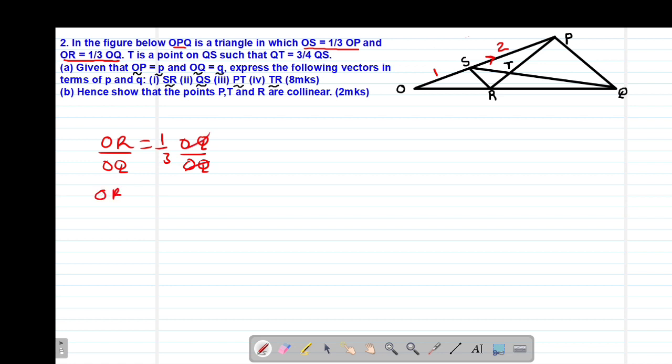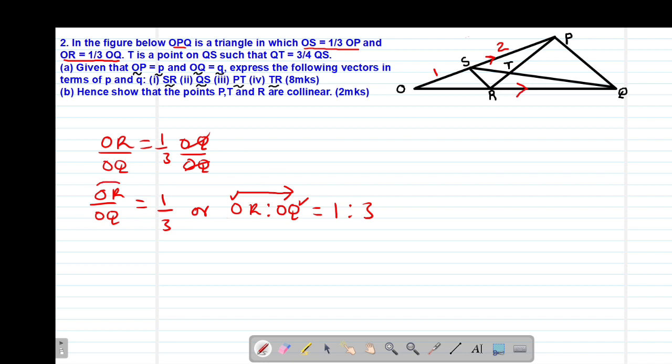So I remain with the ratio of OR to OQ being equivalent to 1 to the ratio of 3, which can be interpreted as OR to OQ is equal to 1 to 3. So clearly the direction of our ratio will be from O towards Q.